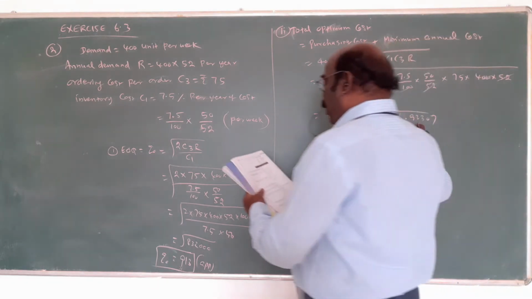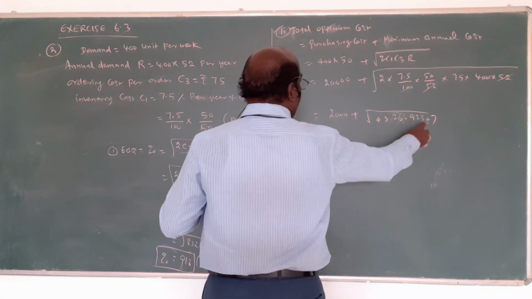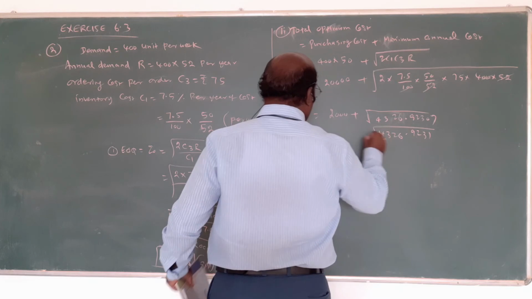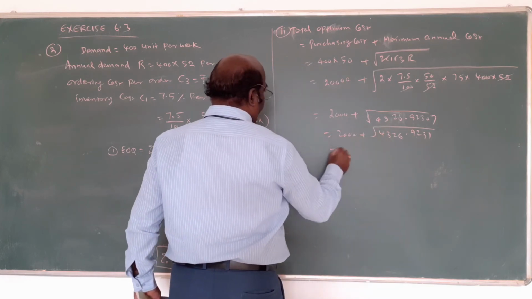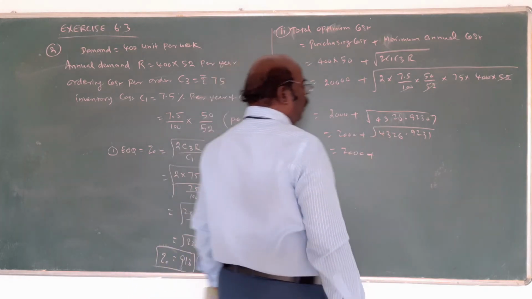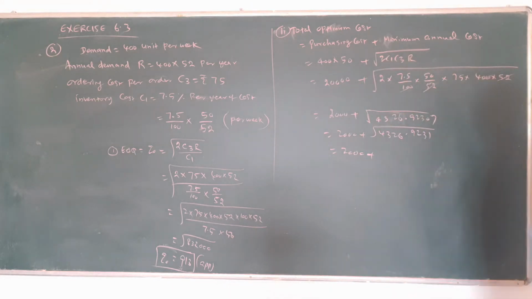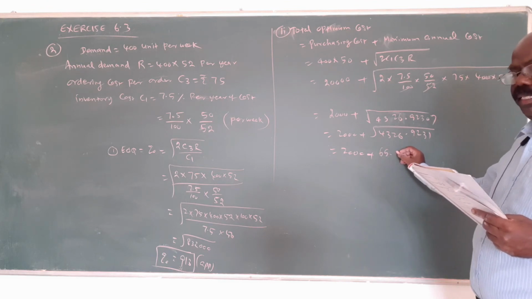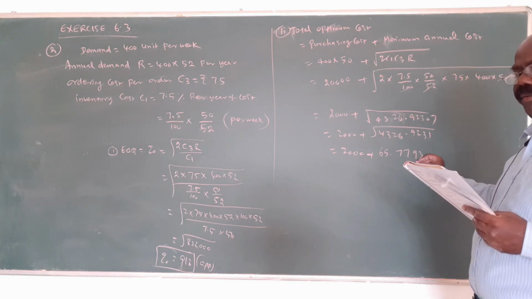Now again this rounded figure, 4326.9231, again 2000 plus the square root. With the calculator you get the answer 65.7793. Am I right?